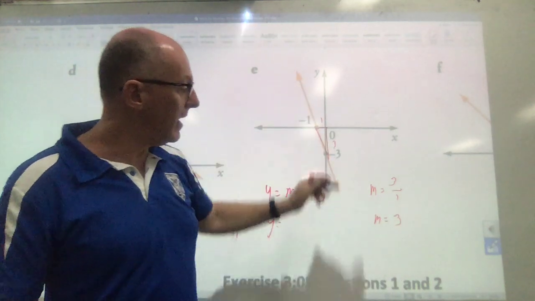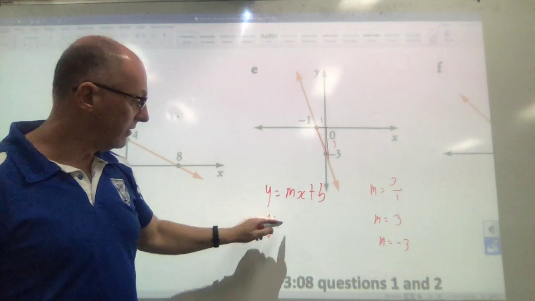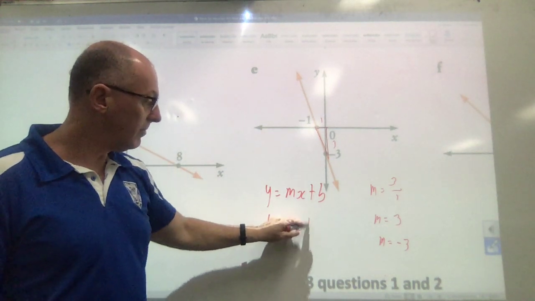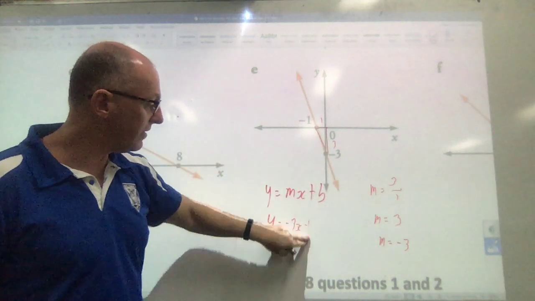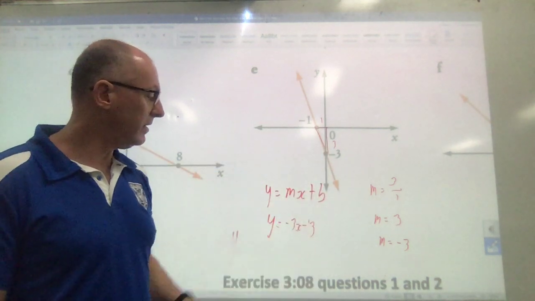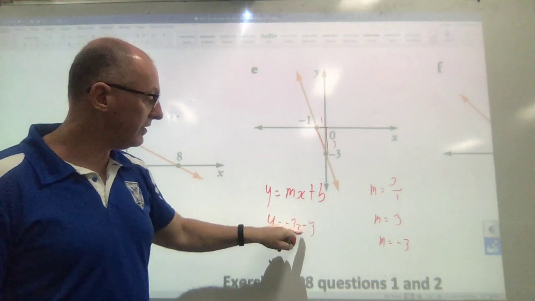Remember the line is going down, so the gradient is minus 3. So the answer is minus 3x plus, no, in this case, the y-intercept is minus 3. There's our answer, y equals minus 3x minus 3.